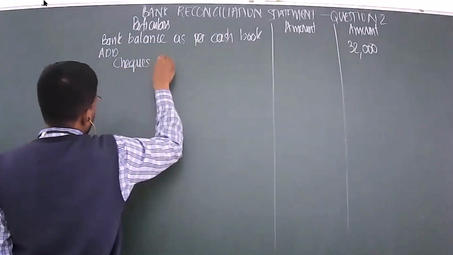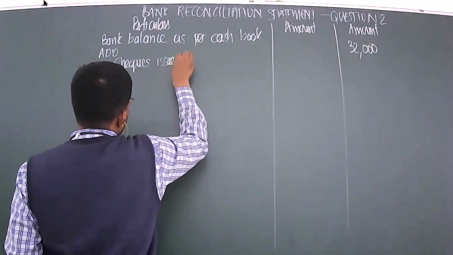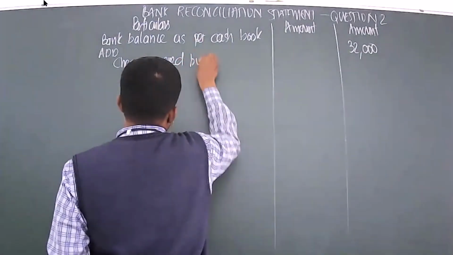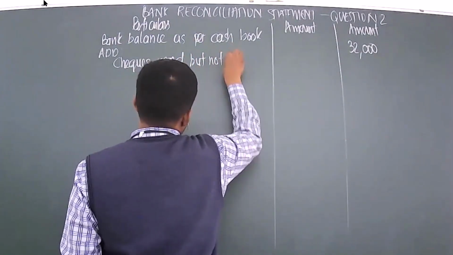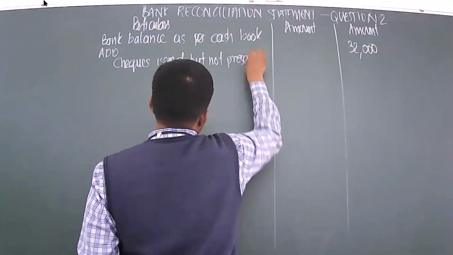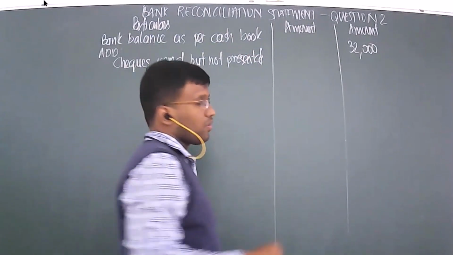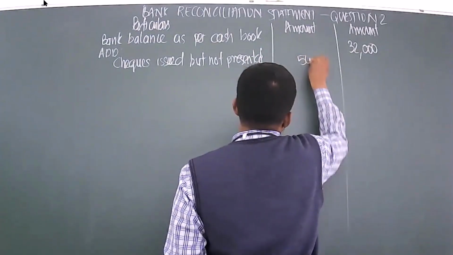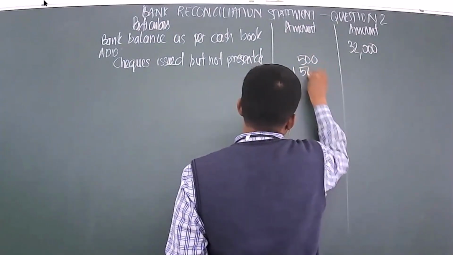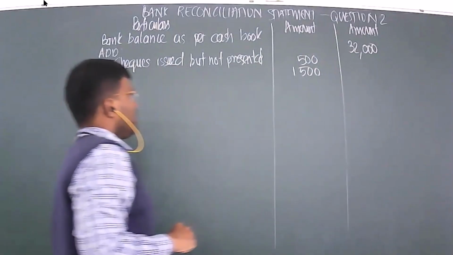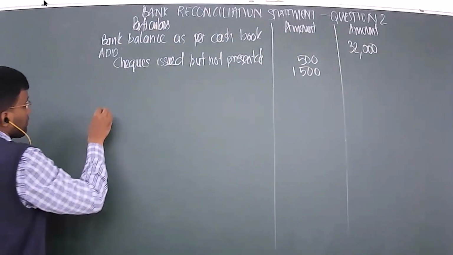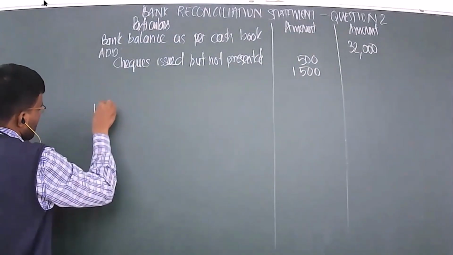Checks issued but not presented. Like this, we have 2 checks, and the amounts are worth 500 and 1,500. Then we have some set of transactions that we have to subtract.